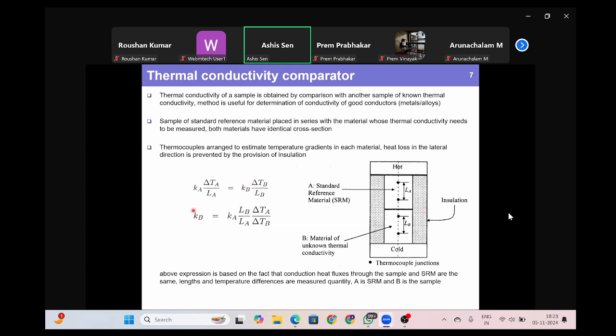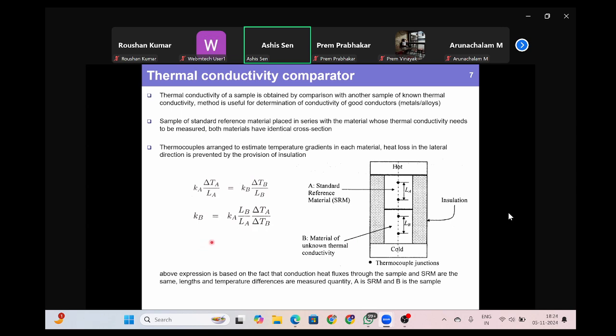So the thermal conductivity of material B will be the thermal conductivity of material A times the length of material B divided by the length of material A, times the temperature difference between these 2 points in material A divided by the temperature difference between these 2 points in material B. Now, this is the unknown thermal conductivity that you want to measure.